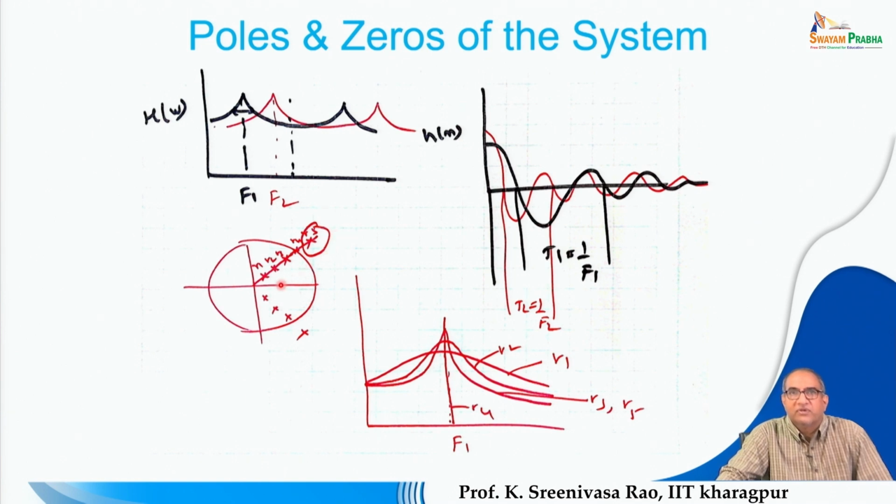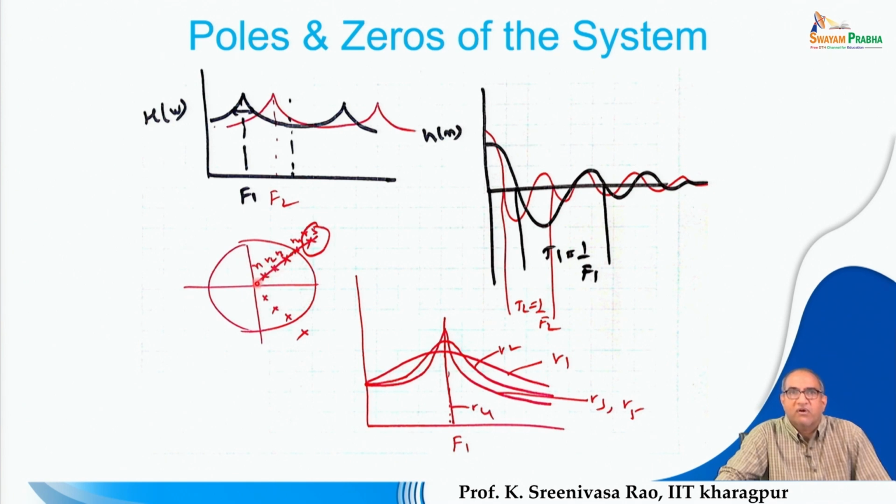If you look at the plot, as the poles move towards the origin, the formant frequency appears flatter. For example, R3 is a sharper one. R2 is slightly less sharp, and R1 is much less sharp, almost flat.